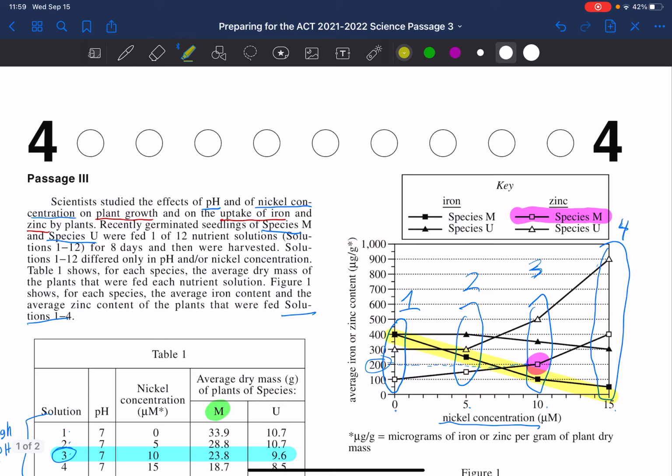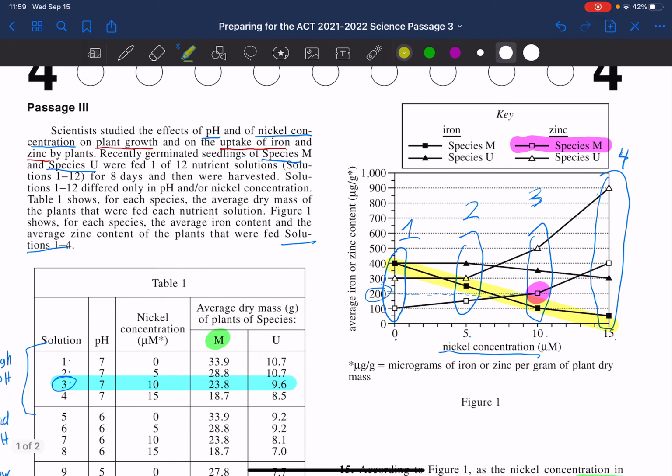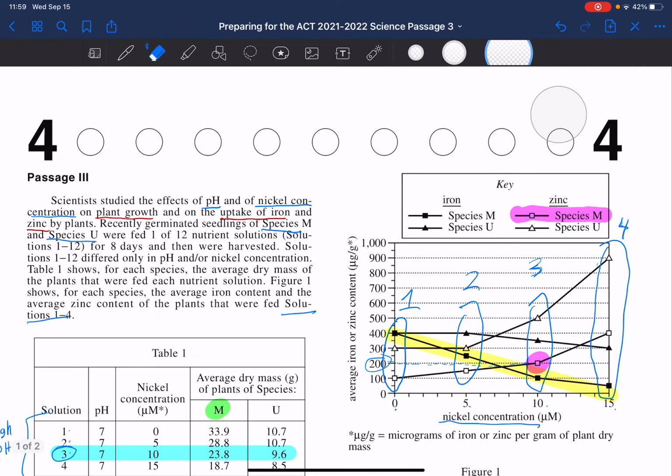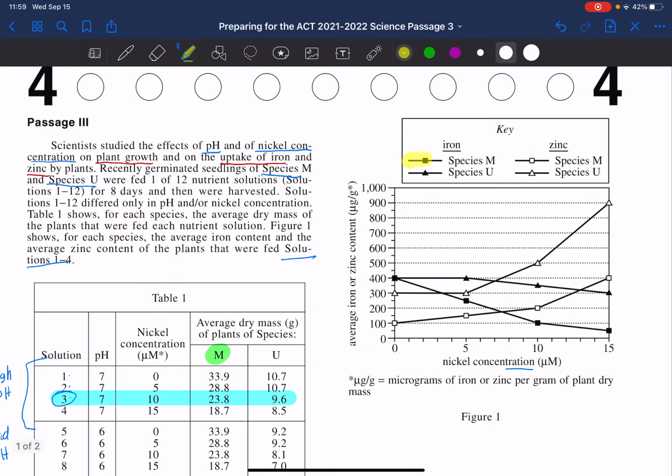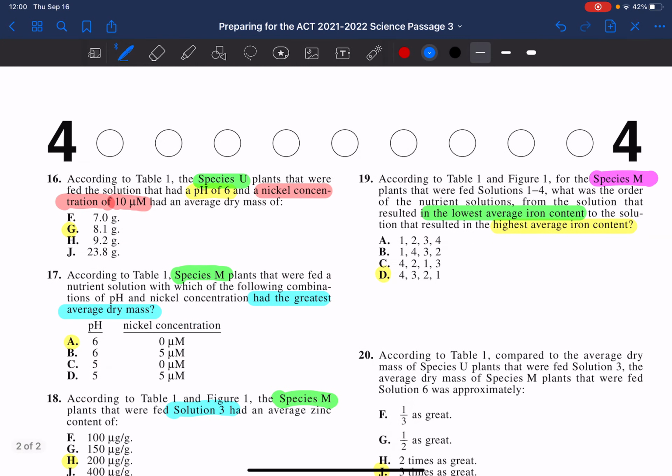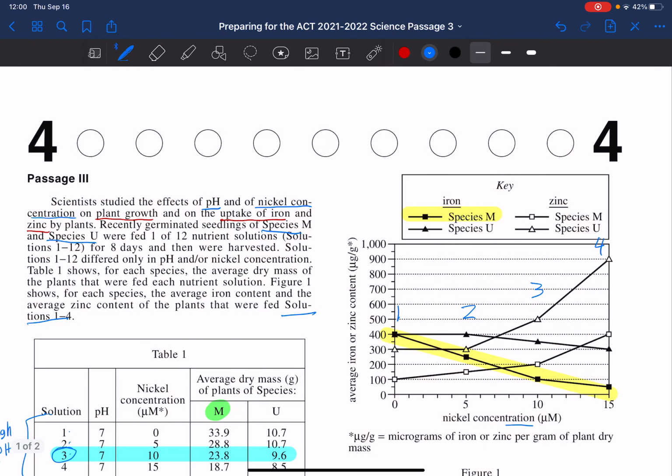So here I want to look at the graph. And let's erase some of this. So species M for iron, well, that's this graph right here again. And we said that this was solution 1, this was solution 2, this was solution 3, and this was solution 4. And what we want to do is we want to put it in order from lowest to highest.